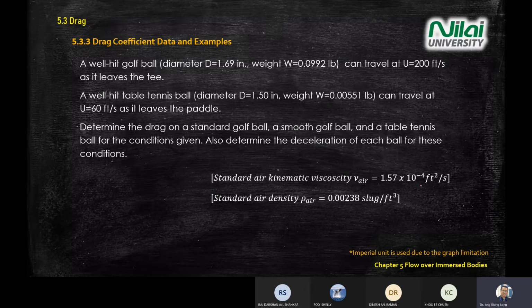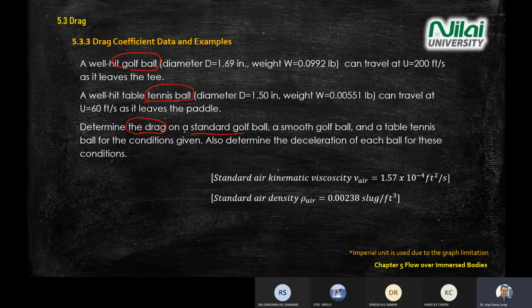Ignore the unit, but I want you to focus on the steps itself, right? You can change it to SI units if you want, but I want you to focus on the strategy of solving this kind of question. Right, determine the drag. The question asks you to determine the drag on the standard golf ball. So you have a golf ball and you have a tennis ball, right?